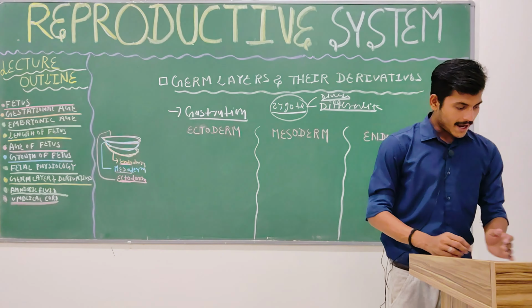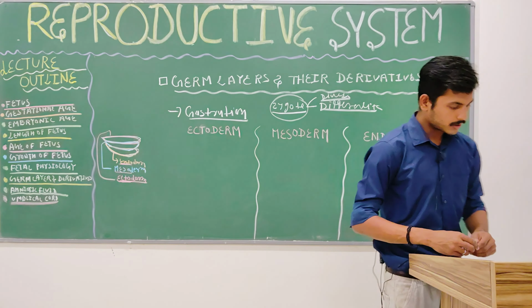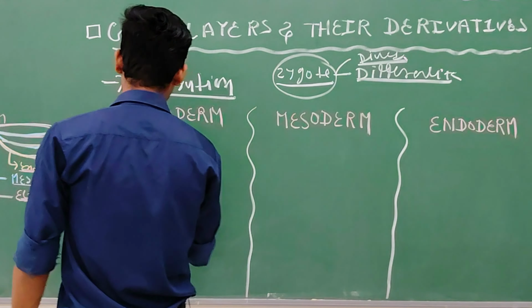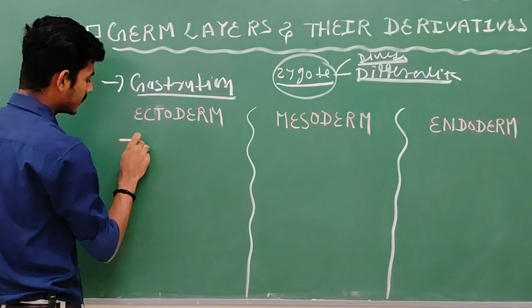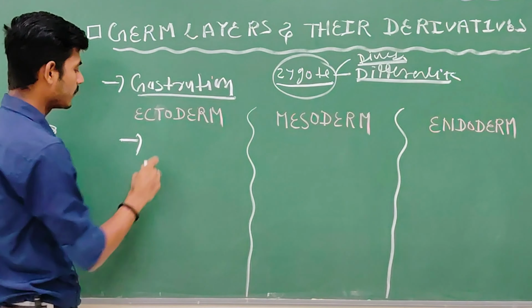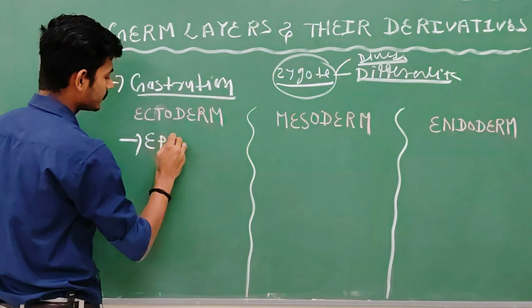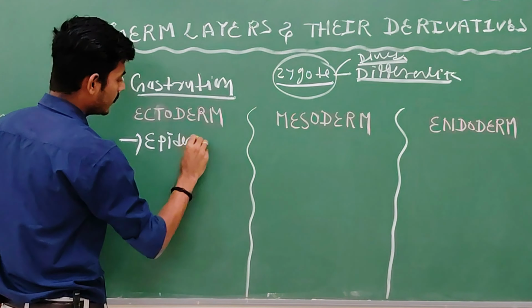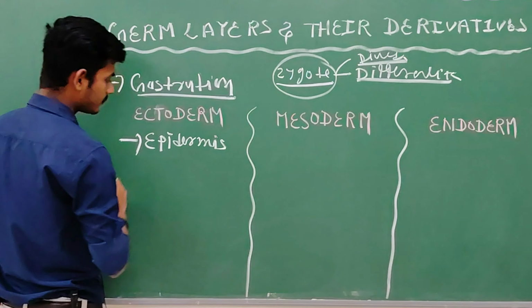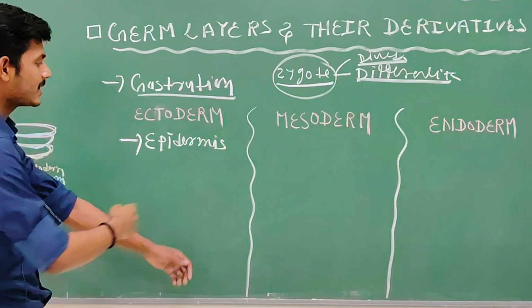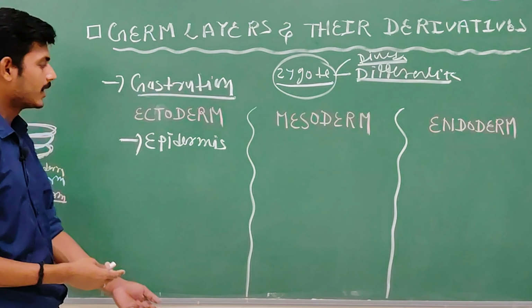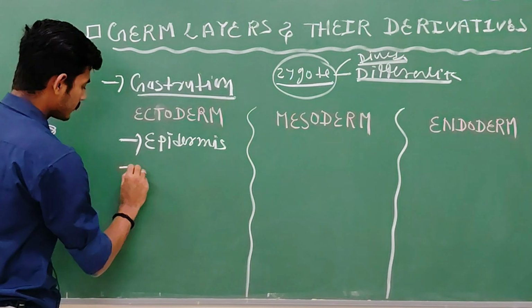Now, what is derived from the ectoderm? The first is the epidermis, which is the skin.